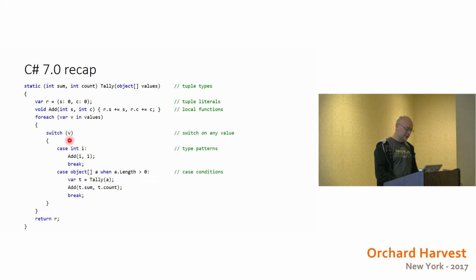In this case here, we have something in that v variable. We don't know what it is. It's basically an object, because this is an array of objects, so v is completely unknown at this point. And what this is saying is, if v is an integer, then I want to treat it as an integer. So I'm saying, if v is an integer, I will rename it i in the scope of that case, and I can use it as an integer directly.